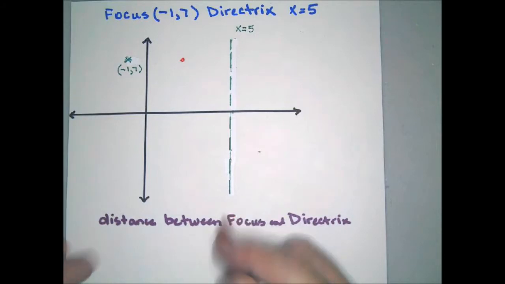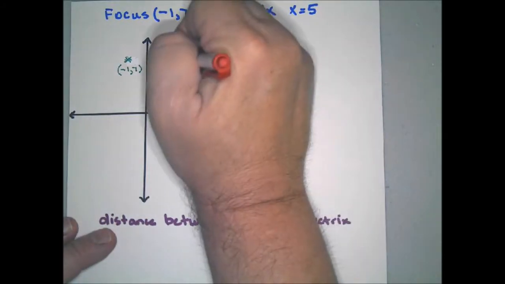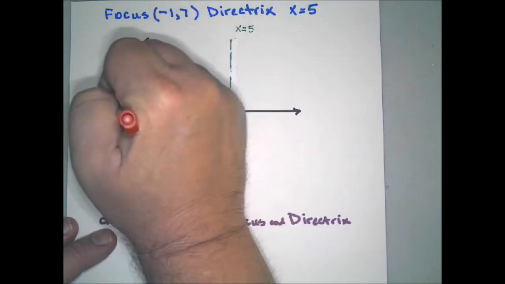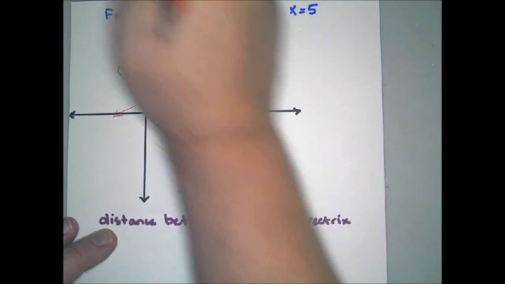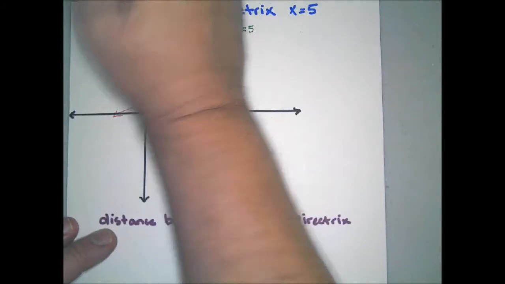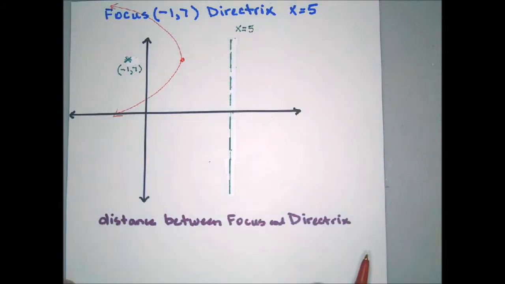So then I'm just going to open the parabola like this. Okay, so now we have an idea that this is definitely a left parabola. So it's going to take the form of x equals.